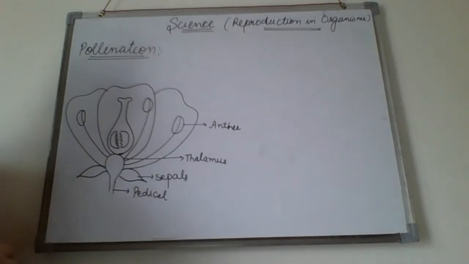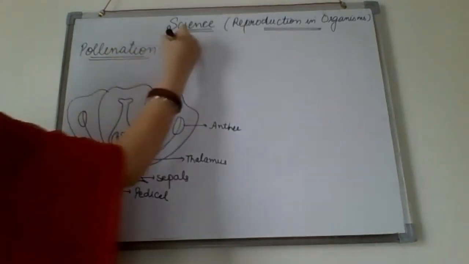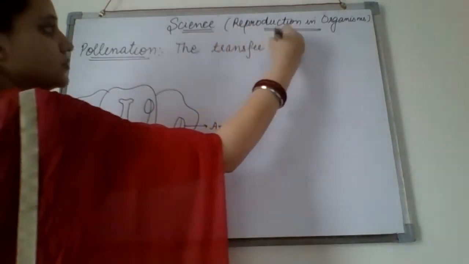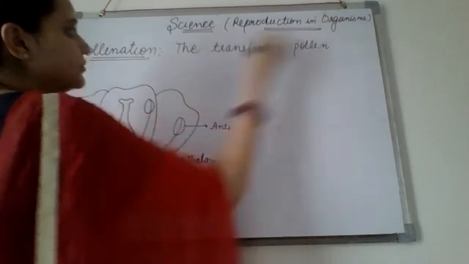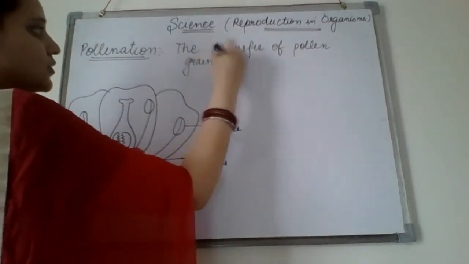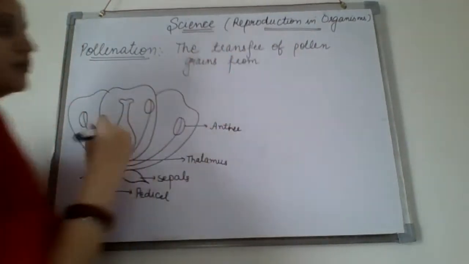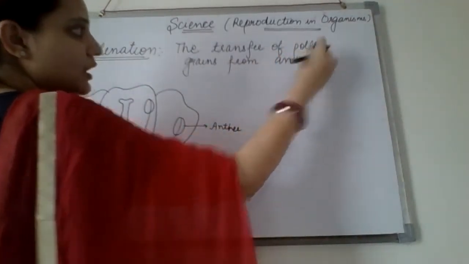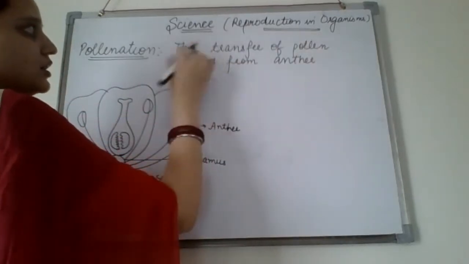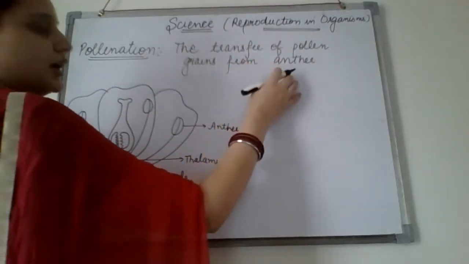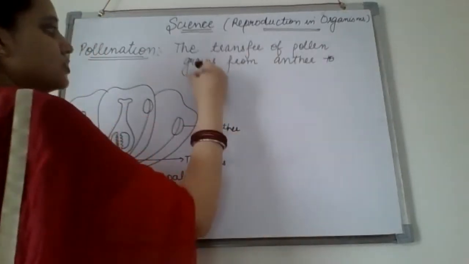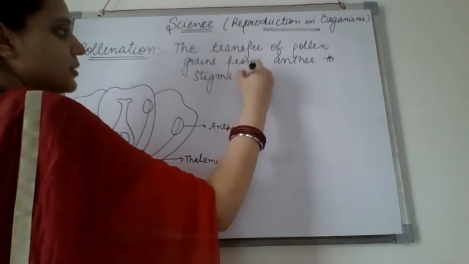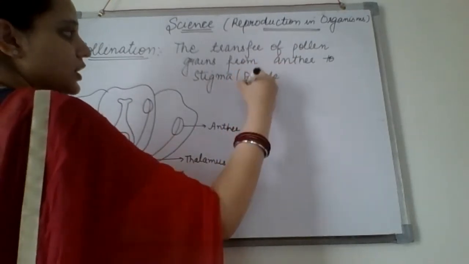Okay, so pollination is the transfer of pollen grains from the anther, as the anther contains these pollen grains, to the stigma. Stigma is the female part, right?